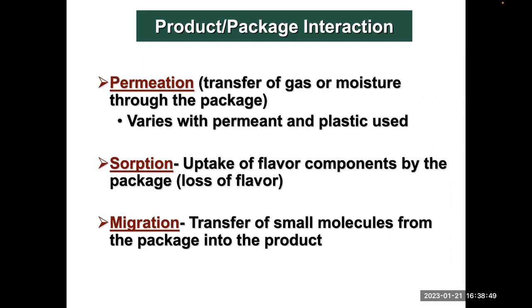Migration is, you have various molecules which are present inside the plastic. And where did they come from inside the plastic? Either they are unreacted monomers or partially reacted chains, or you have some kind of additives, you have some kind of colorants, you have catalyst, you have any kind of molecules which are a part of the chemistry of the plastic.